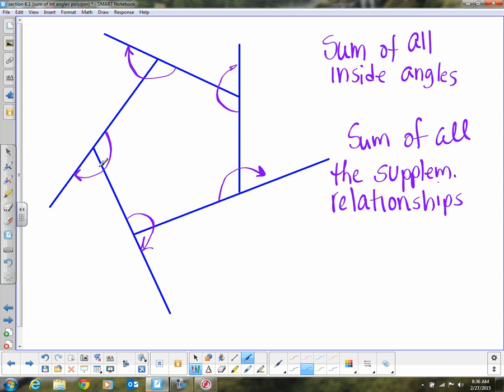Find your supplementary relationships, mark them. What is this? 1, 2. Well, this is 3. Did you extend this? Okay, so that's 4.